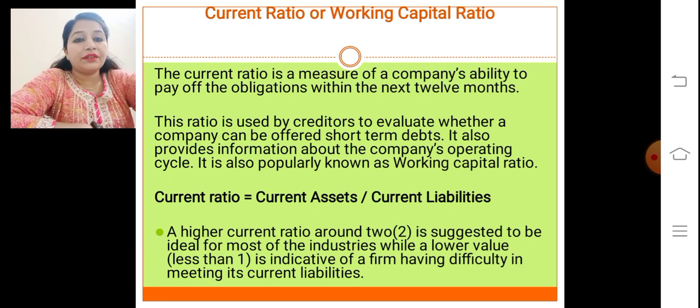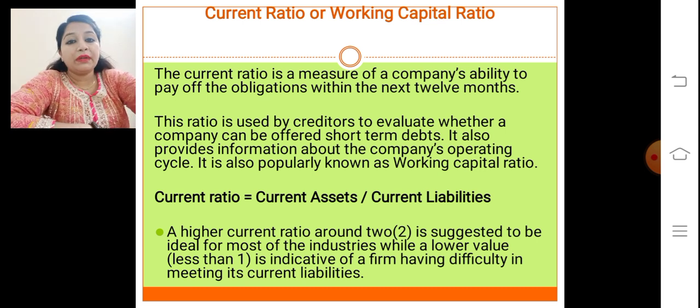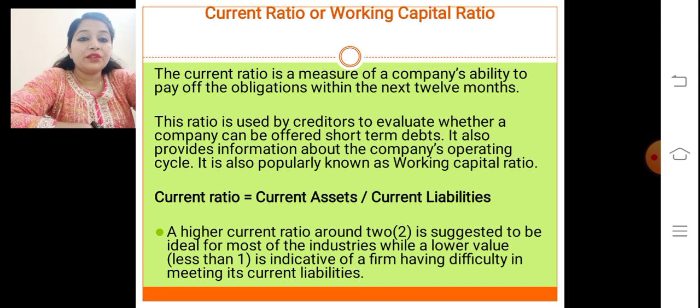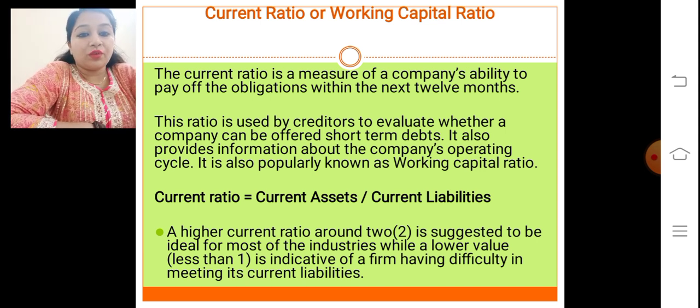First is current ratio. What do you mean by current ratio? This is part of liquidity ratio. Current ratio is the measure of a company's ability to pay off its obligations within the next 12 months, how the company will pay its liabilities in the next 12 months.